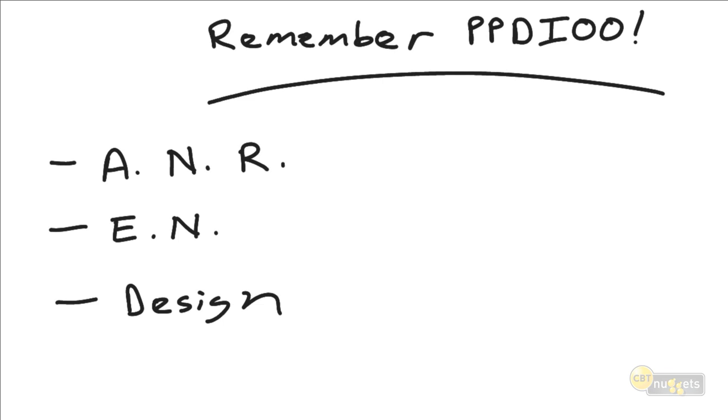Remember PPDIOO when it comes to designing your WAN for your particular client. Remember the methodology we discussed for that lifecycle model? We want to analyze the network requirements of the customer. What kind of apps are they thinking about running? What type of bandwidth requirements?